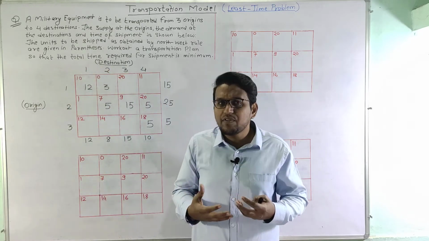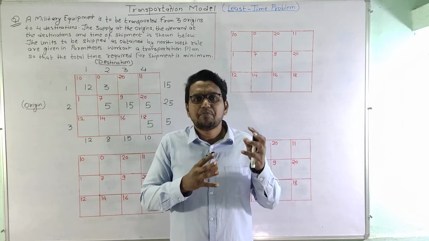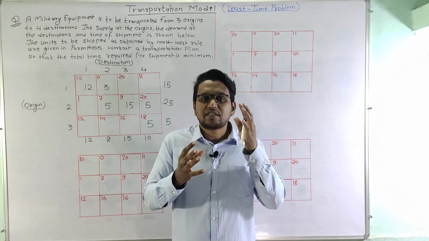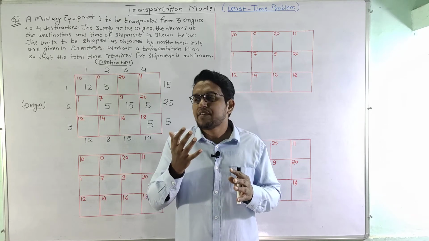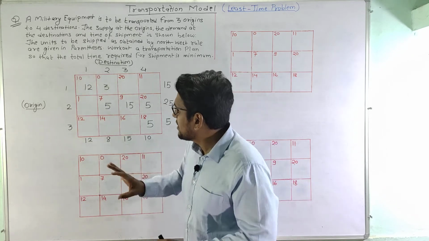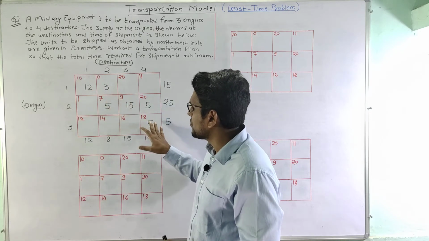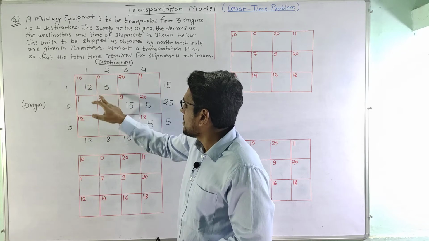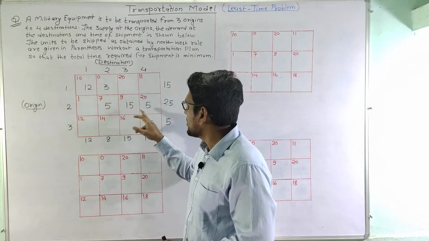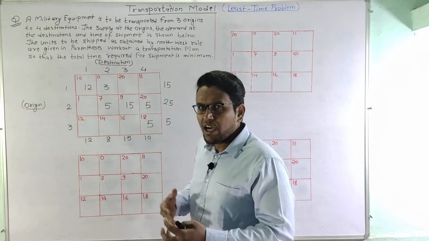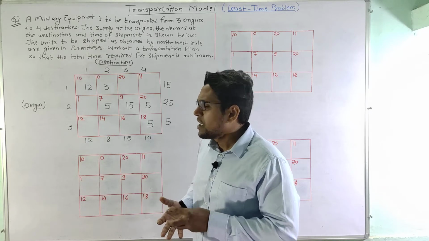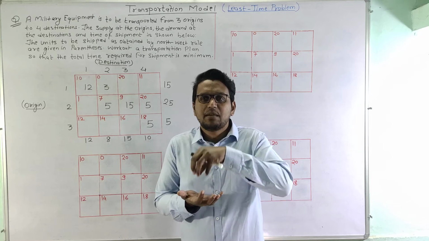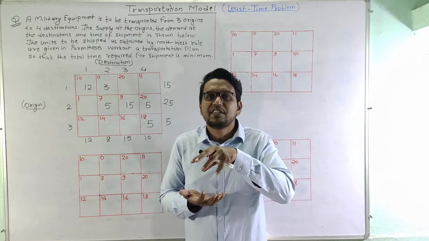The second thing we need to note is that shipments from origins to destinations can be done at the same time on the different routes. That means once we have obtained the basic feasible solution, we do not need to add the times of individual allocations, because all of them can be transported at the same instant in different destinations.